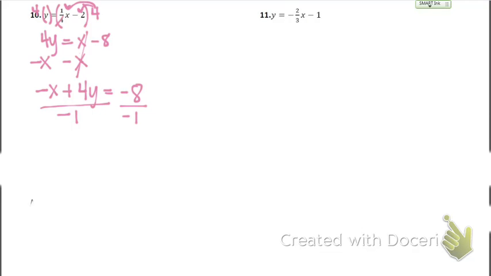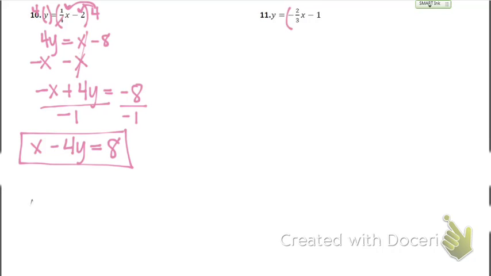Negative x divided by negative 1 gives me positive x. 4y divided by negative 1 gives me negative 4y. So remember, I'm dividing everything on the left. Negative 8 divided by negative 1 gives me positive 8. And that's my standard form. Okay? Questions or concerns?